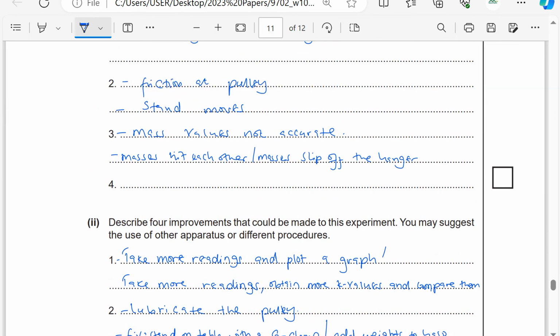Then also it was difficult to judge the starting position of releasing the masses.